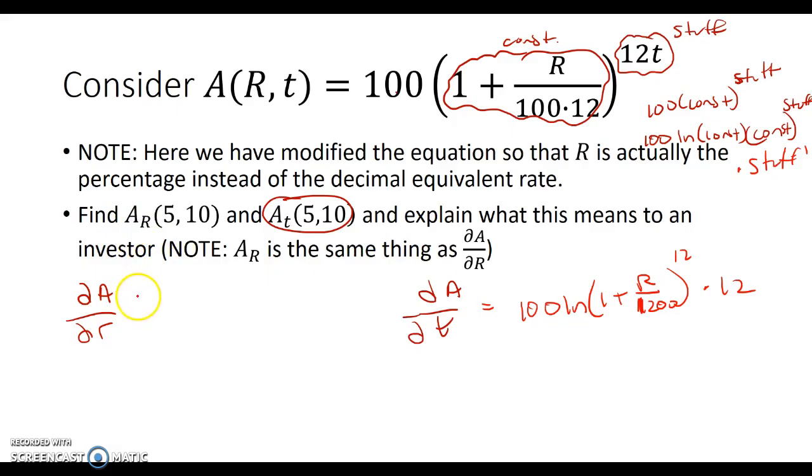Now, if I treat r as the variable, t is being held constant. So that means I have 100. It's not just 100r to the constant power. It's 100 times a function of the variable. I have 100 times stuff to the constant. What do I do when I take the derivative of something like that? First of all, this is like a power rule.